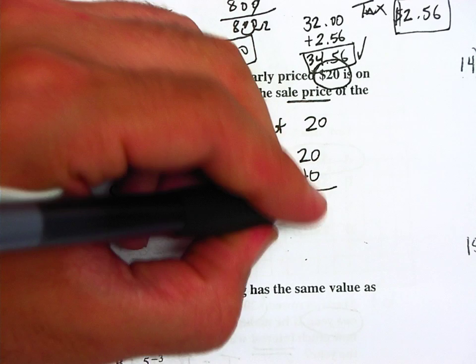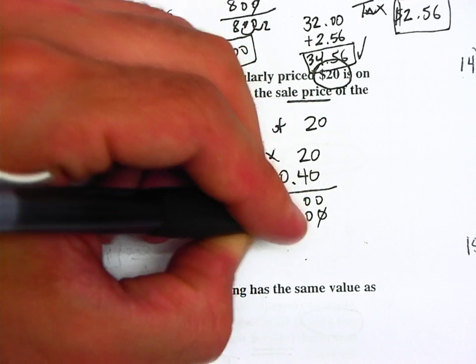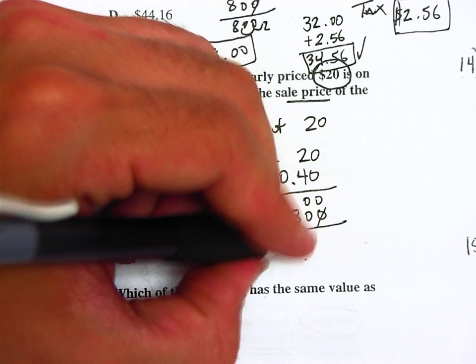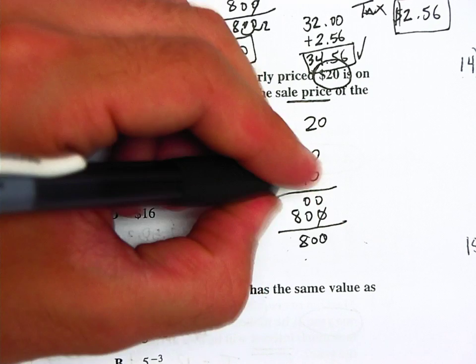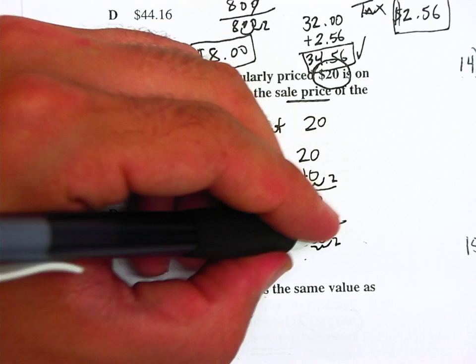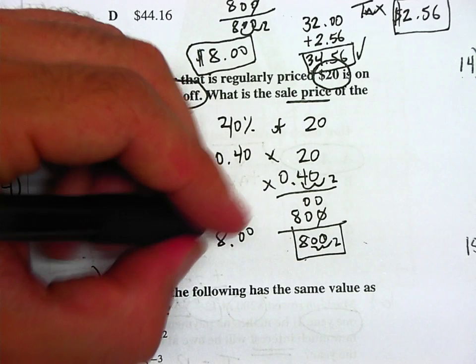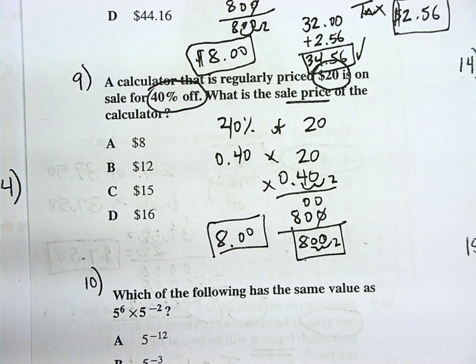And if I do that, 0 times 0 is 0, 0 times 0 is 0, skip a spot, 4 times 0 is 0, 4 times 2 is 8. I have 800. I move my decimal 2 places in the factor, so I move my decimal 2 places in the product. And I can see that I'm going to save $8.